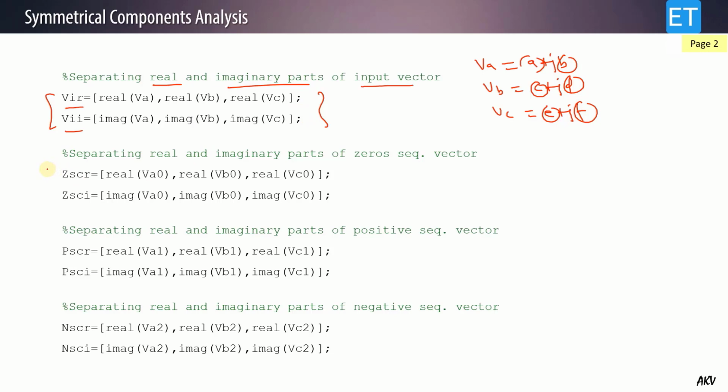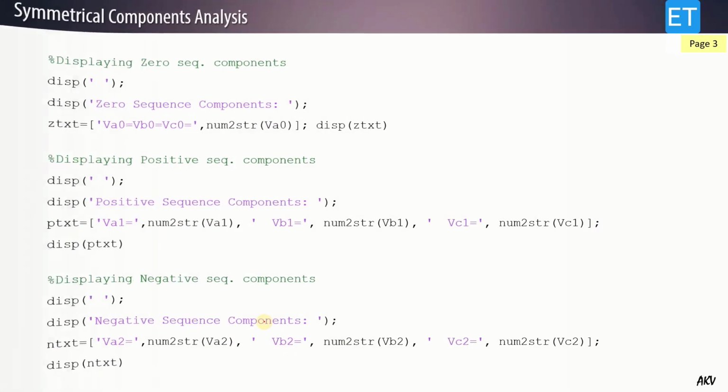On similar patterns, I am separating the real and imaginary parts of the zero sequence vector, then of all positive sequence vectors, and similarly for the negative sequence vector. I have to do this for plotting purposes.